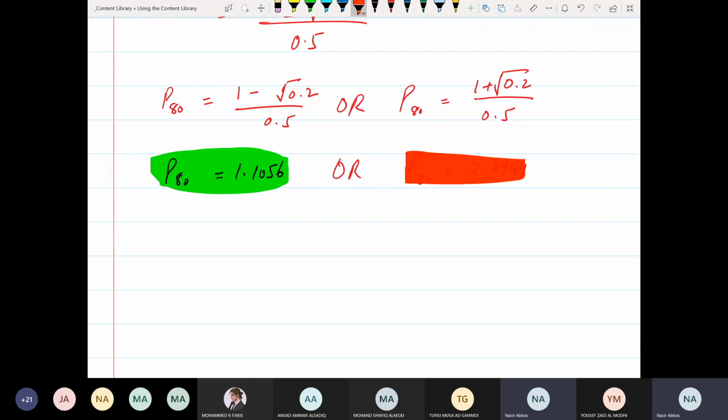You will reject this one. So the final answer is that 1.1056 is the value of X. This is the value of measurement error, such that this is exceeded with probability 0.2.